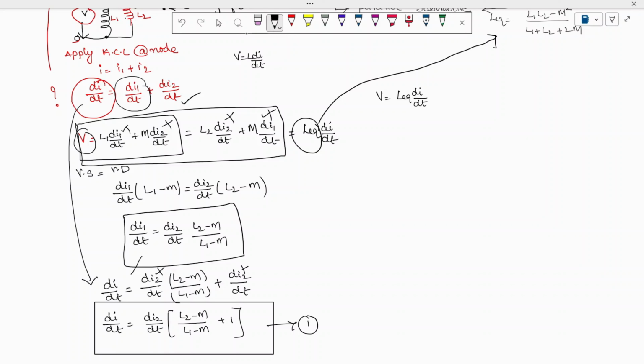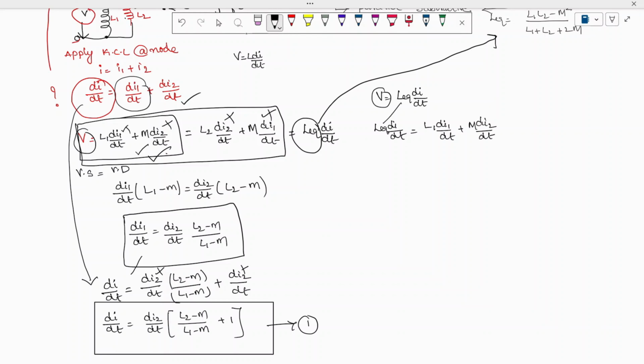Now let's substitute the value of V. So I can write L equivalent di by dt is equal to, using this equation for V, what is the value of V? Which is L1 di1 by dt plus M into di2 by dt. So this is the second equation.